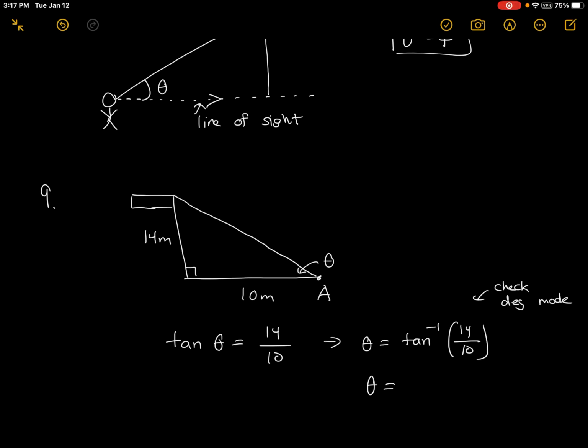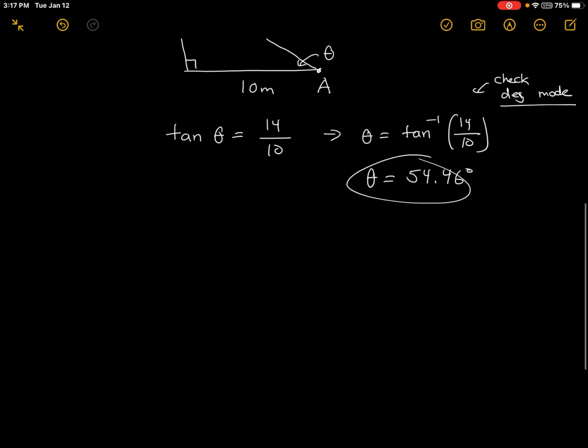Some of you might have to hit the second tan button. If you're having some issues with technology in your calculator, come to tutoring and I can show you how to use it. Okay, so about 54.46 degrees. Make sure, again, that you are in degree mode. That will be the angle of elevation using your tangent ratio.